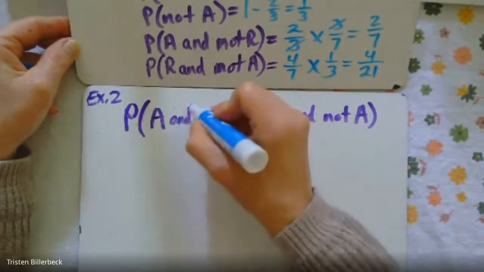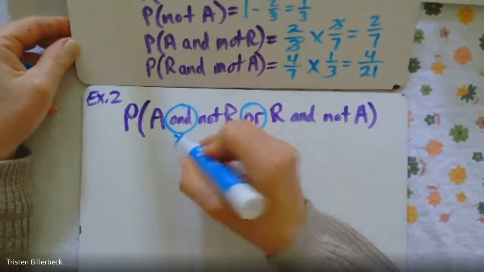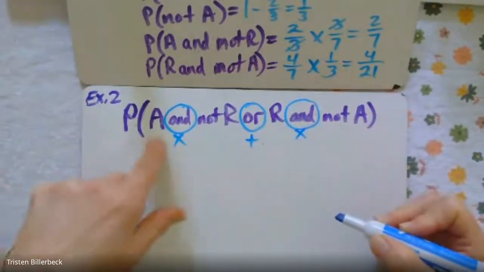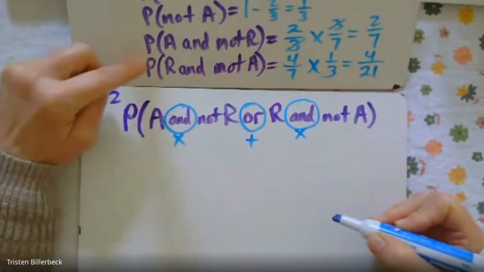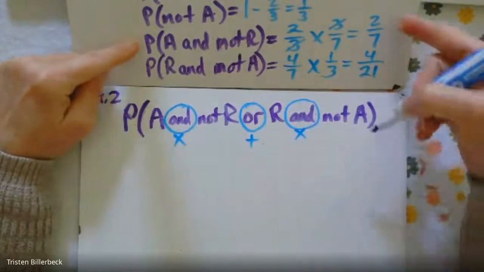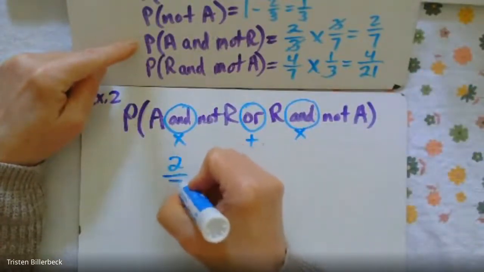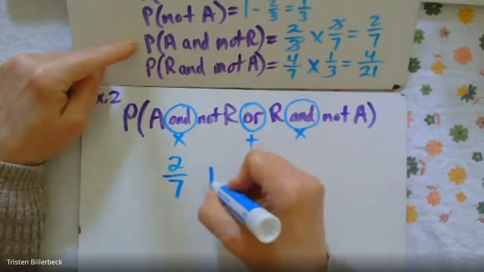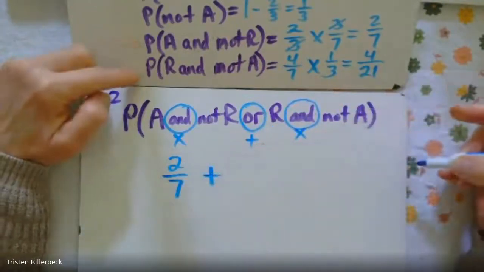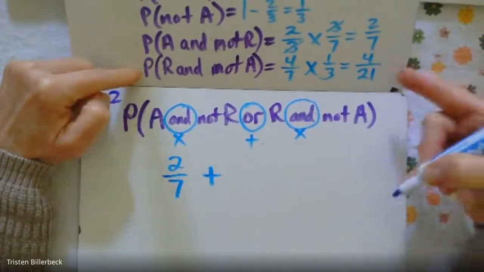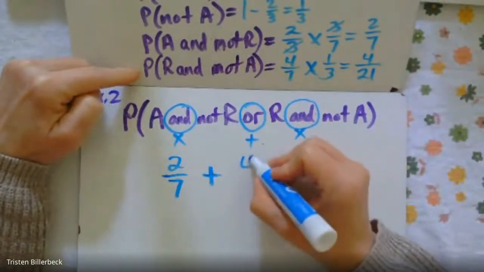The "and"s are times. Okay, we already figured out A and not R. A and not R was 2/7. So this would be 2/7, and we have an "or," so plus, and then we found R and not A. So that's 4/21.